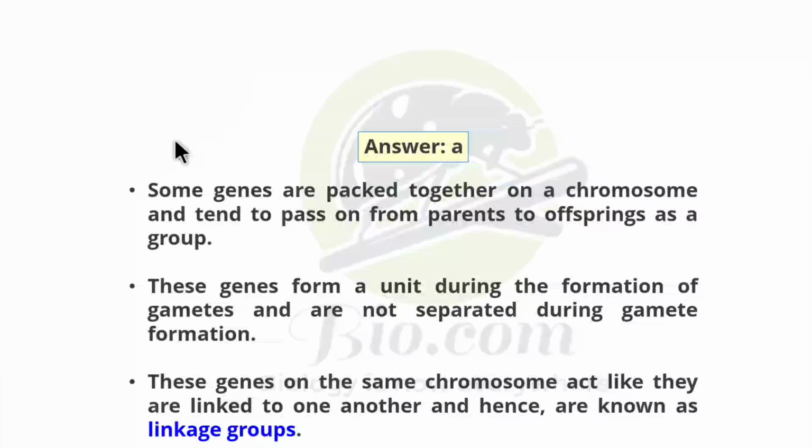So the correct answer is option A. The genes which are packed together on a chromosome and tend to pass from one generation to another are known as linked genes. The genes are on the same chromosome and pass on from one generation to the next, and they are known as the linkage group. So the correct answer is linkage group, option A.